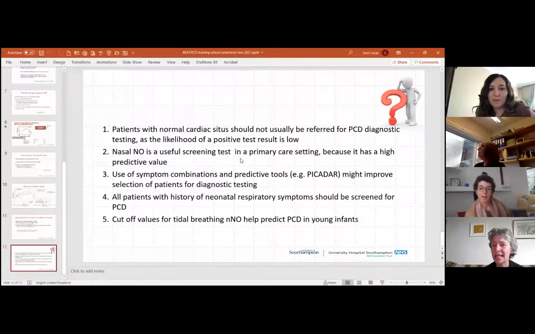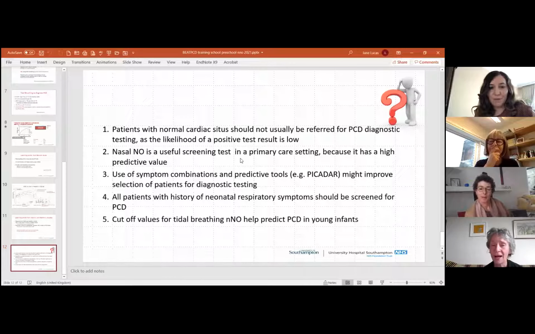So the next question: nasal nitric oxide is a useful screening test in a primary care setting because it has a high predictive value. A minute to think of that. So, and the answer to that is wrong.